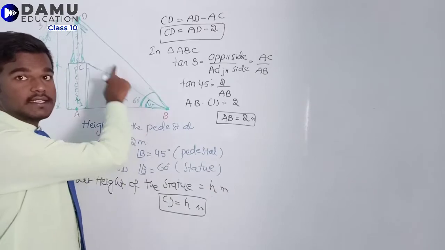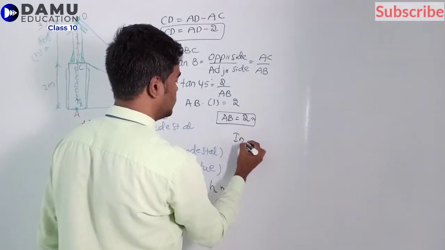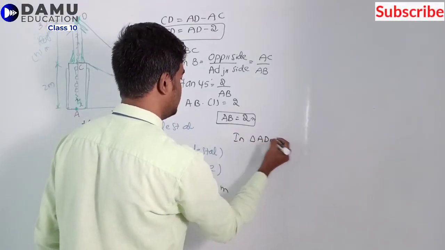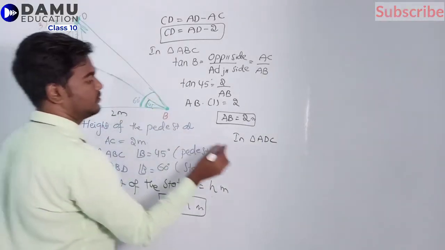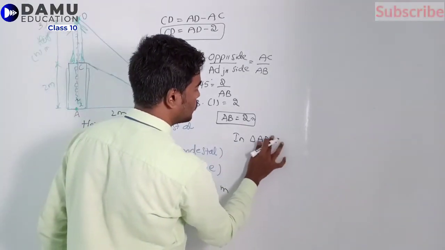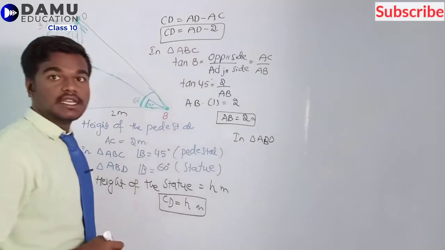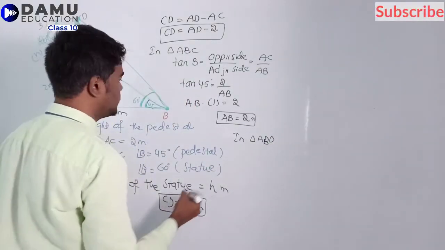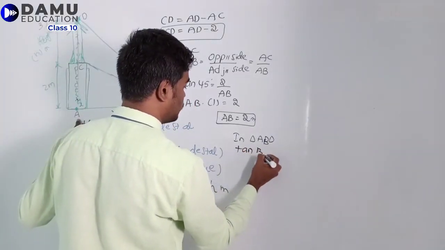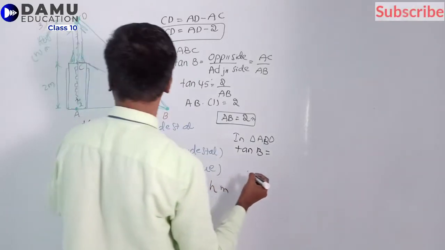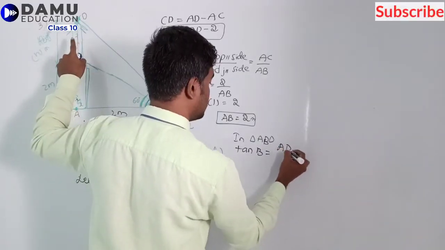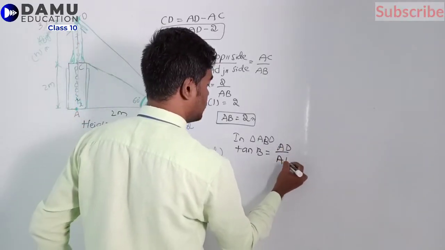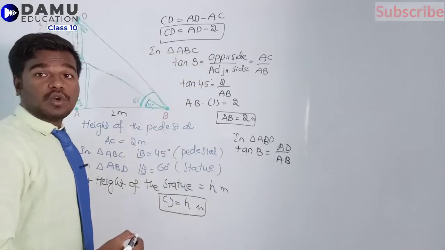From this you can take another ratio in triangle ABD. In triangle ABD, tan B is equal to opposite side by adjacent side, that is AD by AB. What is AD?